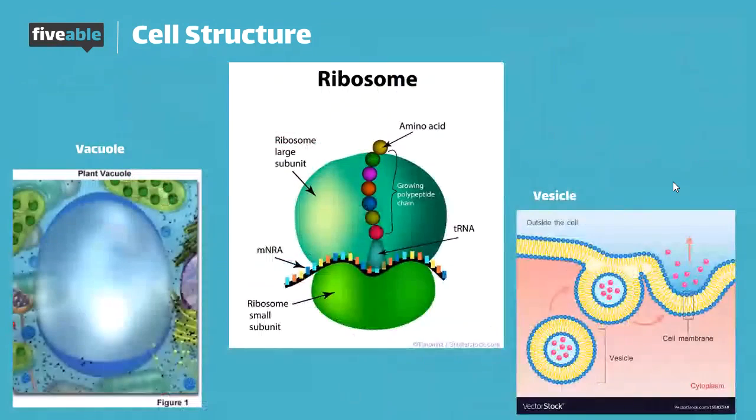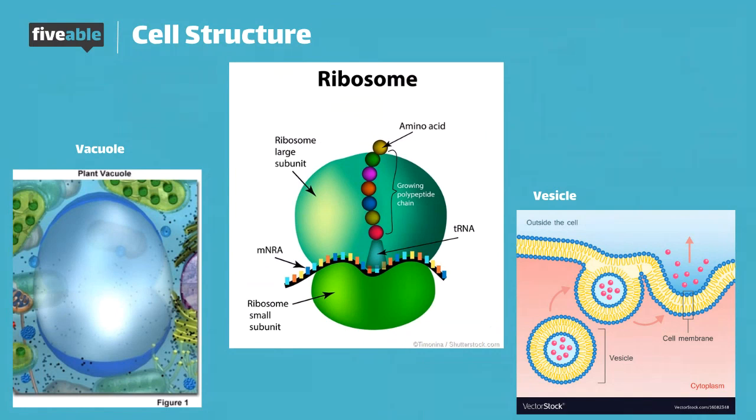Last few things, vacuoles, vesicles, and ribosomes. Ribosomes, I threw on this slide, probably should have put earlier, are actually made up of their own type of RNA. We have messenger RNA and transfer RNA, those are the M and the T. But ribosomes are made of rRNA, ribosomal RNA, and it's the site of translation for proteins.